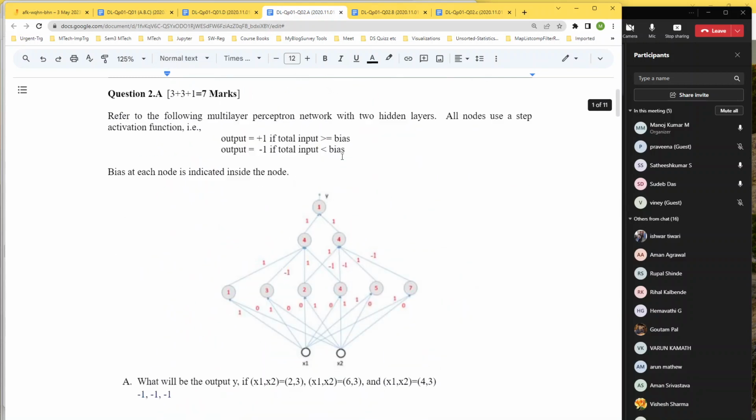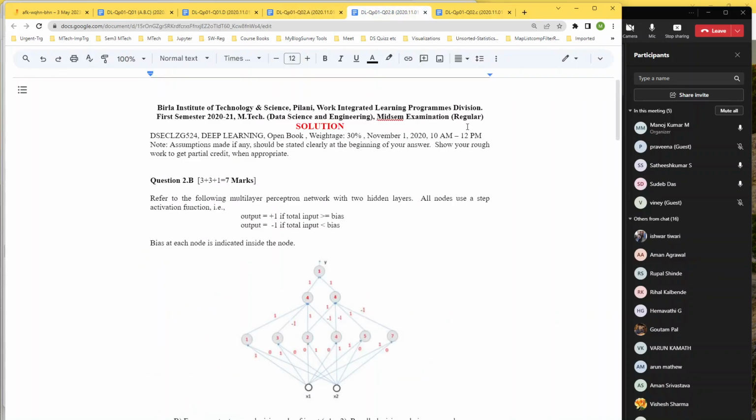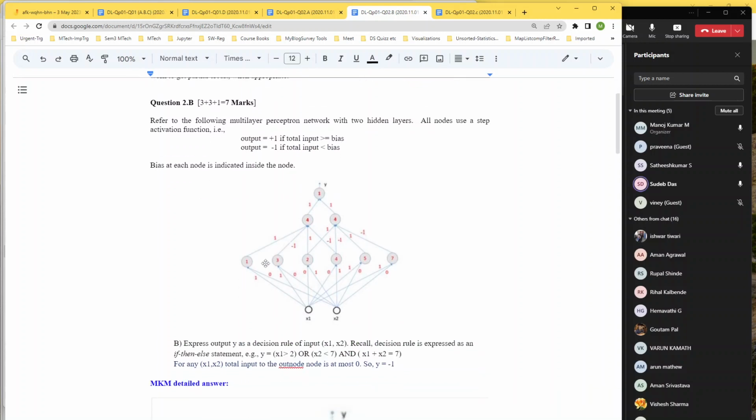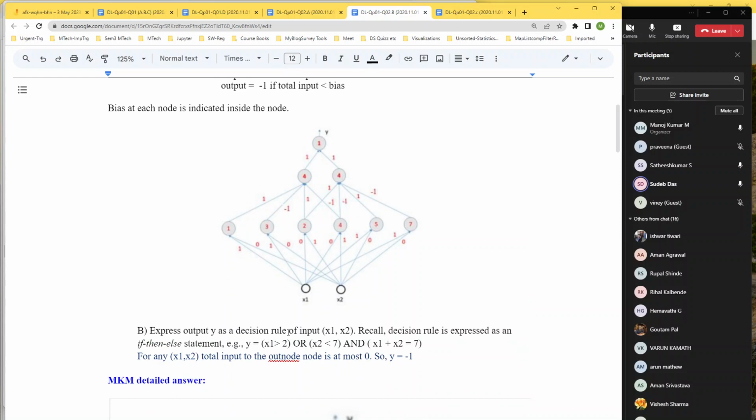This is question number A, no? And then when you go to question number B, you need to express this as a decision rule. Recall, a decision rule is expressed as an if-else statement: y equal to x1 greater than 2 or x2 less than 7 and x1 plus x2 equal to 7.